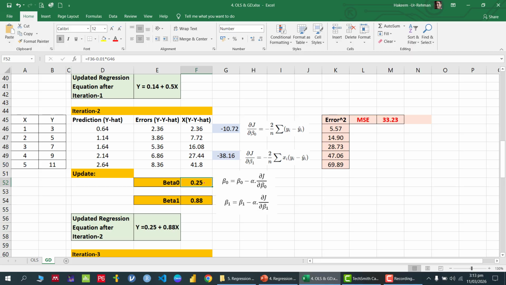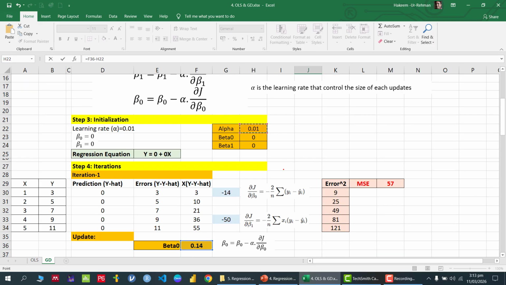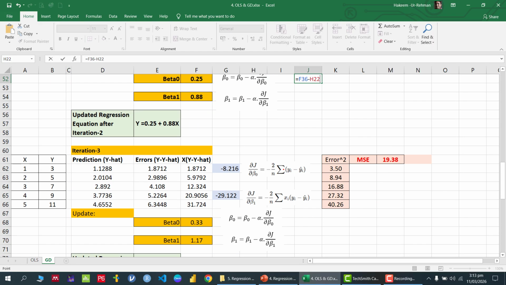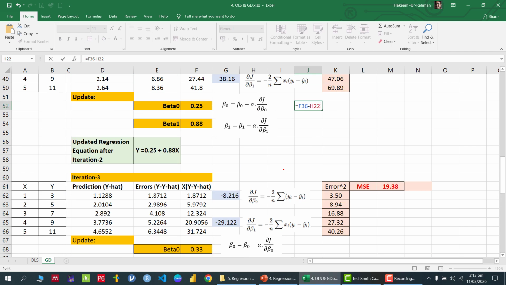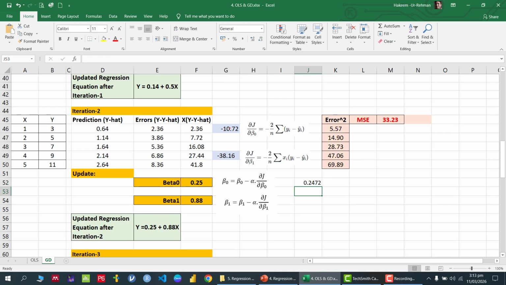So the new beta naught is going to be the old beta naught. The old beta naught is 0.14 minus the value of alpha, which was 0.001, multiplied by the gradient with respect to beta naught. So we get this 0.24, and if I round it, we get 0.25.